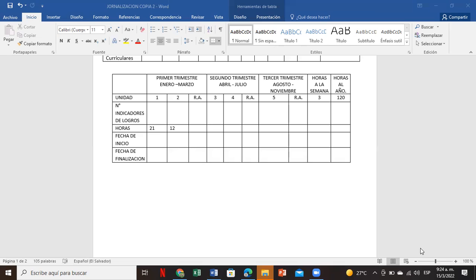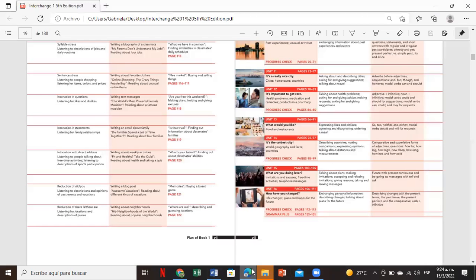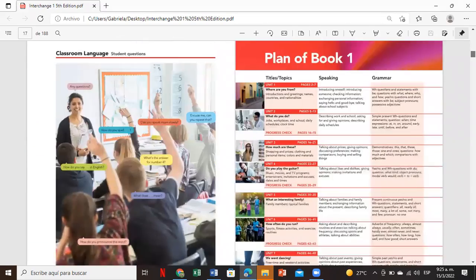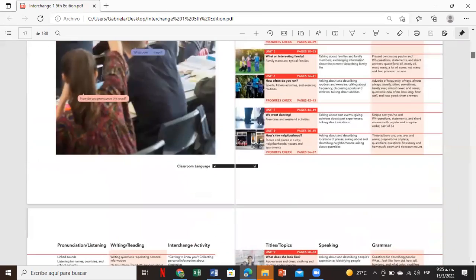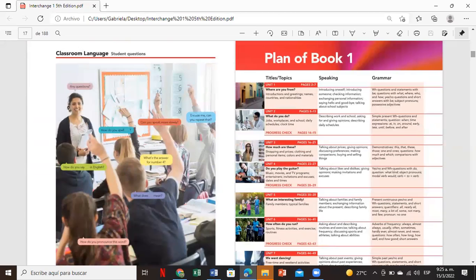Or how many units are you going to do? According to my book, the book is this one. We got 16 units. The book is this one. Este fue el que ustedes me dieron que querían analizar. So we got 6 units. Each needs to be with the same amount of time.